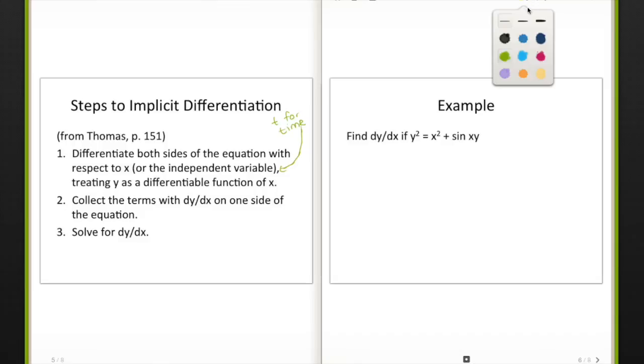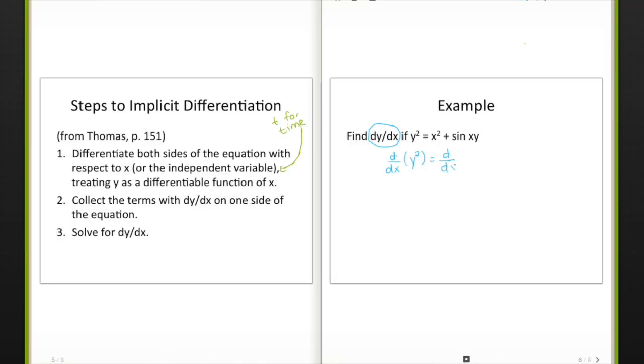And in doing this, you're going to treat y as a differentiable function of x, and that's a lot easier than it sounds, I promise. So once you've taken the derivative and differentiated both sides, you're going to collect terms with dy dx on one side of the equation and then solve for dy dx.